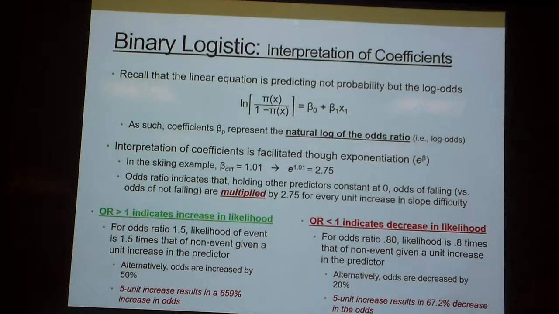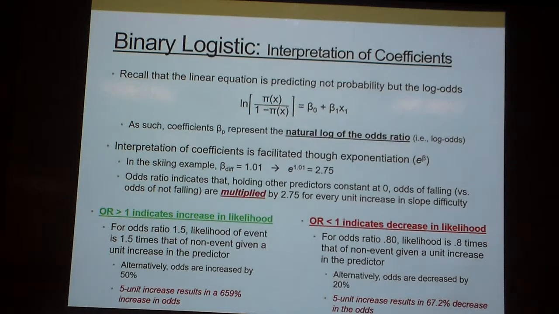Constant, 0. Right. But what's the literal interpretation of that constant? That's just your likelihood of falling? The odds of falling if what? If it's not the other 2 seasons. Which would be? Autumn and winter.